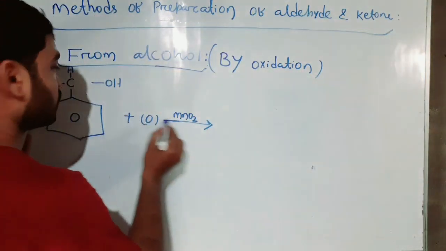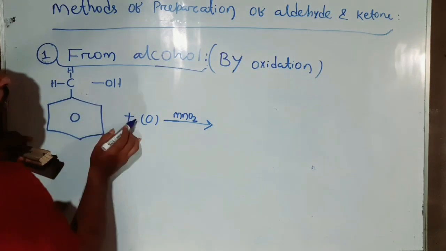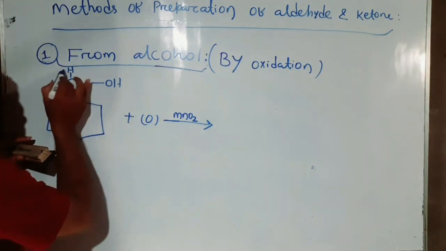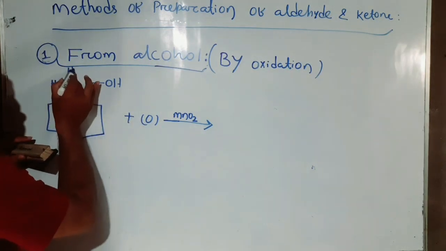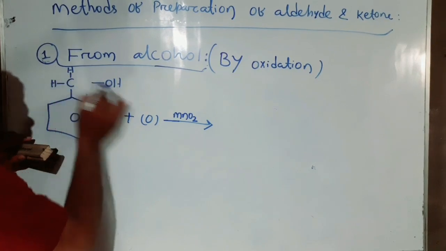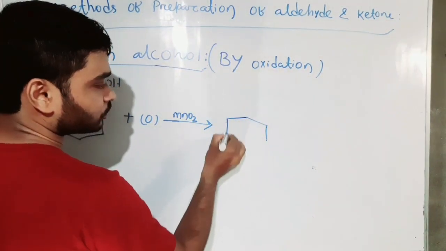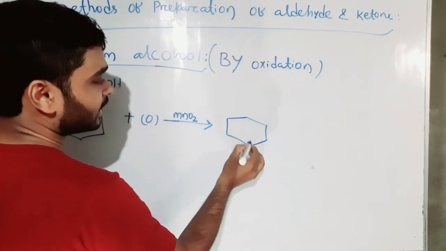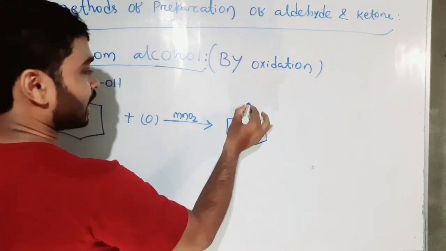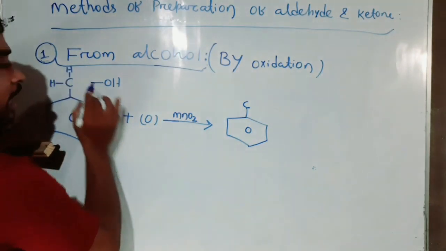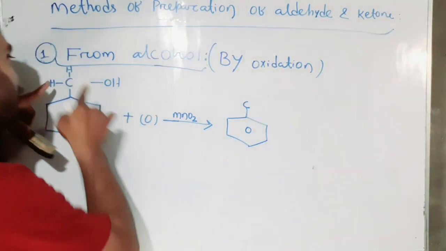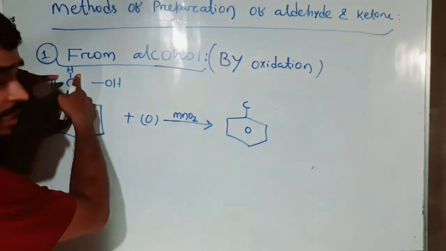So in this case, one oxygen will go to this hydrogen. It will result in the formation of an unstable product, and one water will be released. It will result in the formation of benzaldehyde. That means the carbon is present here. I am not writing the unstable product here, directly writing the main product. You can also write like that.